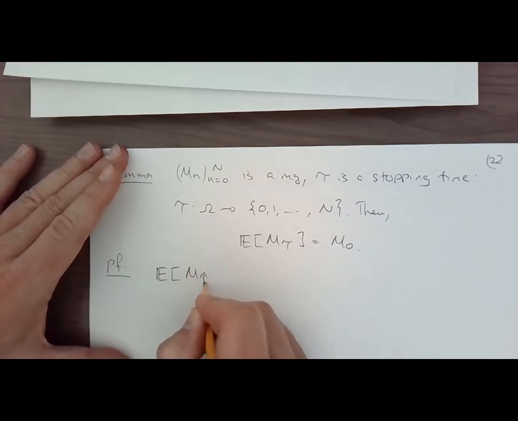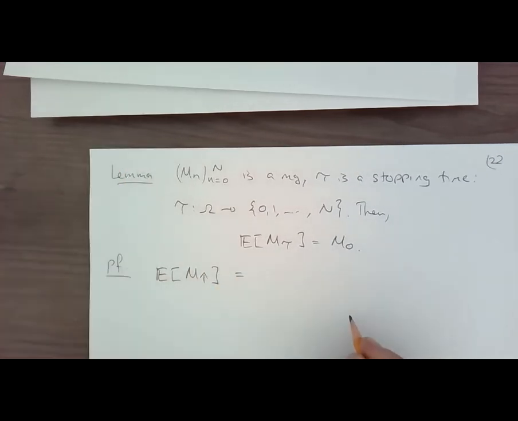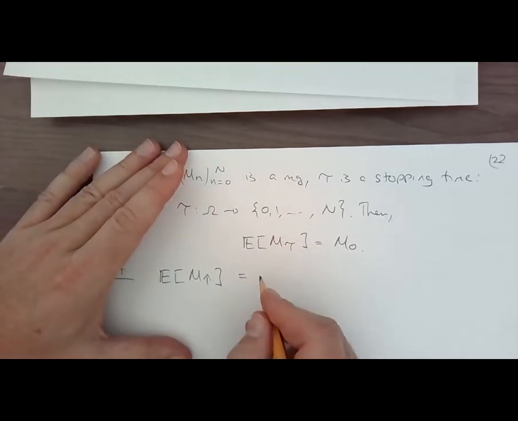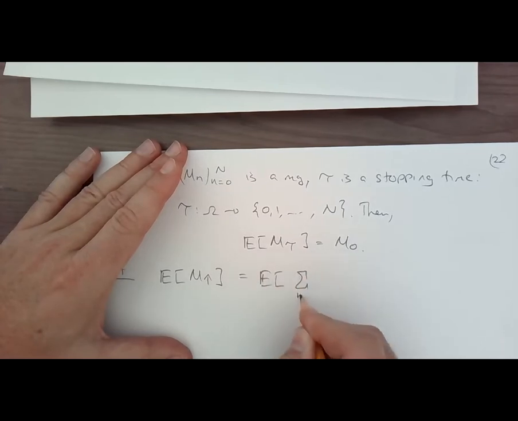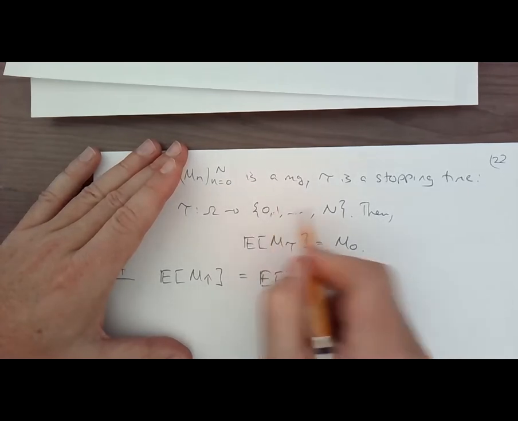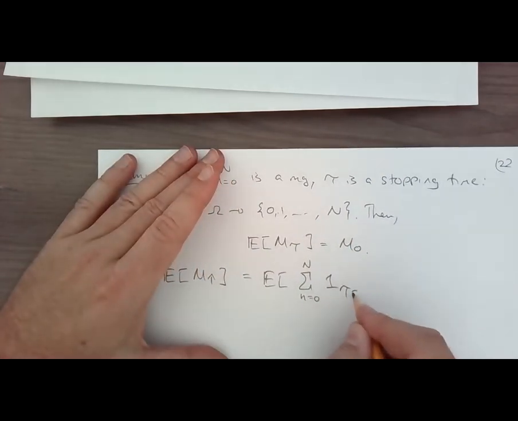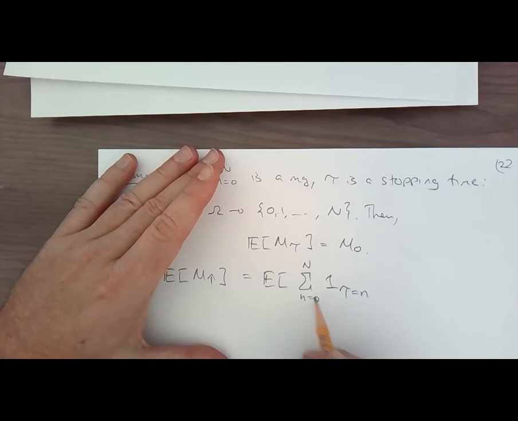You take E of M_tau. The way we do it is we split it according to the values that tau takes. So I'll write this as an expectation of a sum from n equals 0 to capital N, because that's where the possible values are. Then I look at the indicator for when tau takes specific values, so tau equal to n.